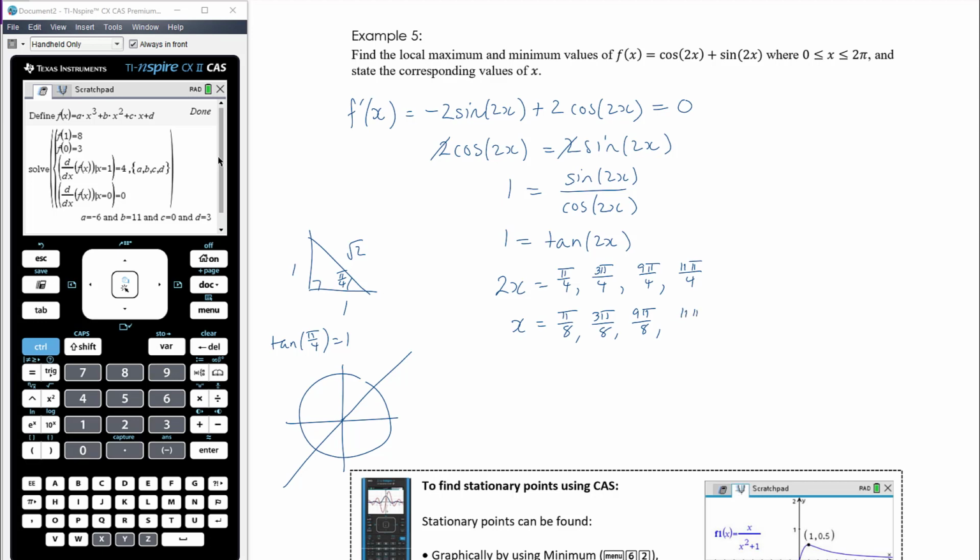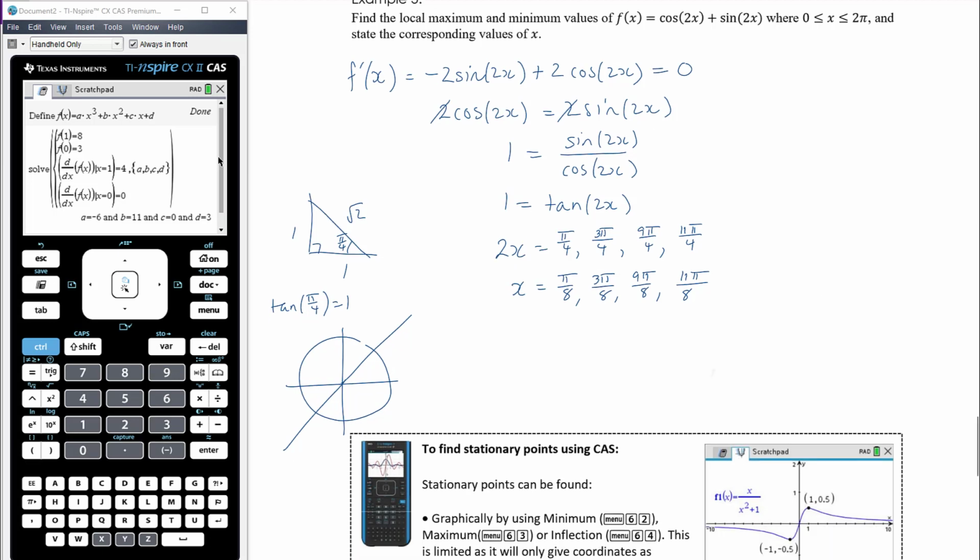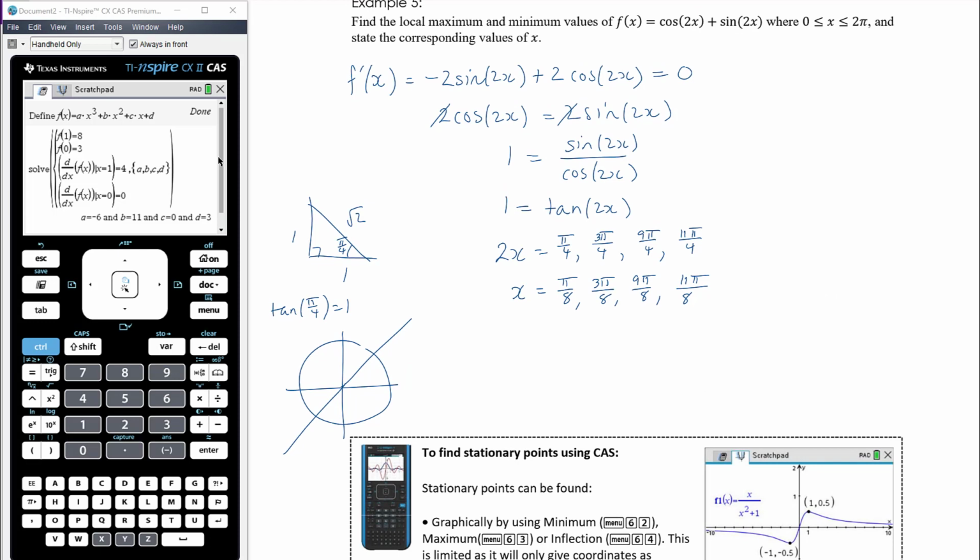Okay, now you can use a bit of your understanding of trig graphs here. A trig graph won't have a stationary point of inflection, so these are either going to be max or min values, and they should alternate as well. So if pi on 8 is a minimum, then 9 pi on 8 should be a minimum as well. Okay, so let's substitute these values into our original function to work out the y values.